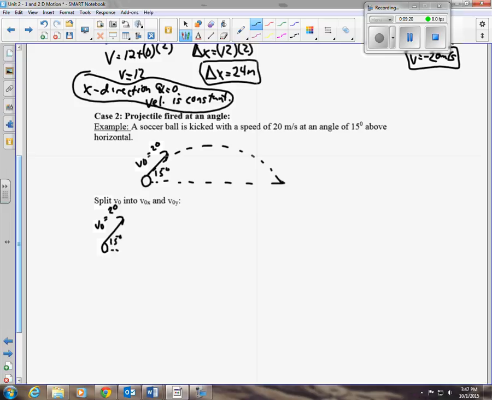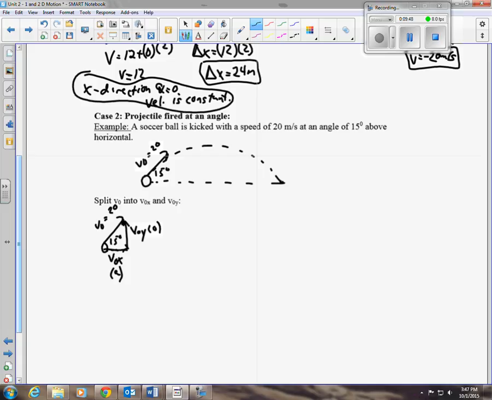So if I'm going to resketch this here, I have that this is 20, 15 degrees, and we did this before. We found the x component and the y component of vectors by drawing in that little triangle. This is the opposite side of that 15-degree angle. This is the adjacent side. I'm going to use sine for the opposite side, and for the adjacent side, I'm going to use cosine, because cosine is adjacent over hypotenuse.